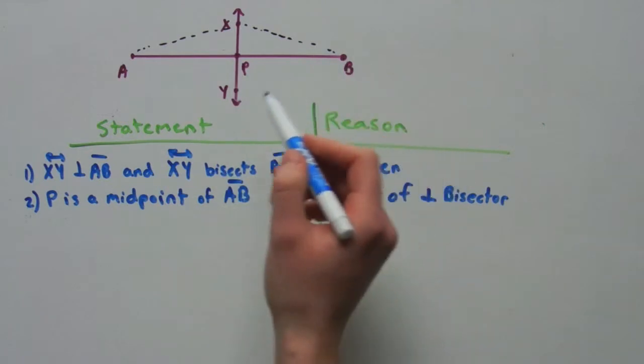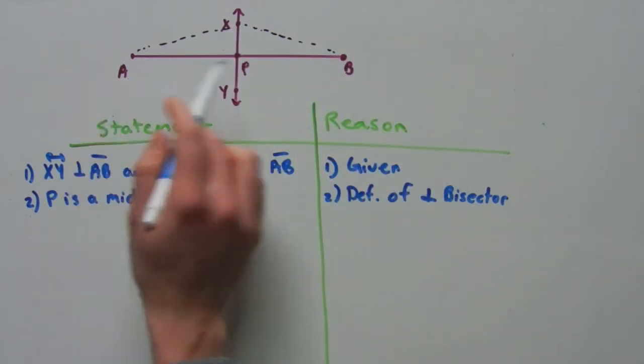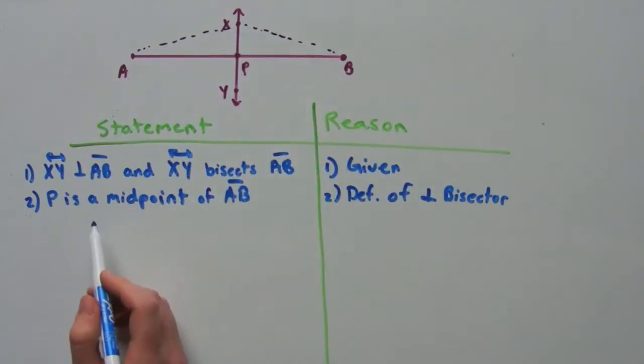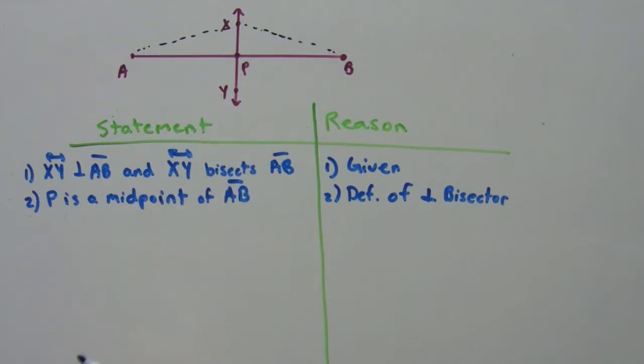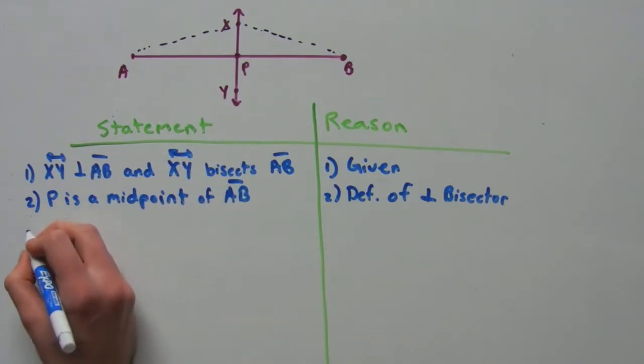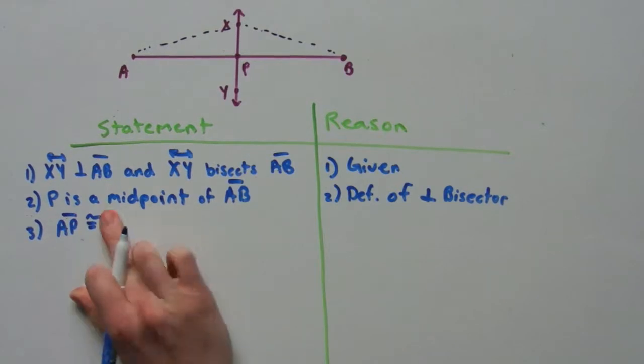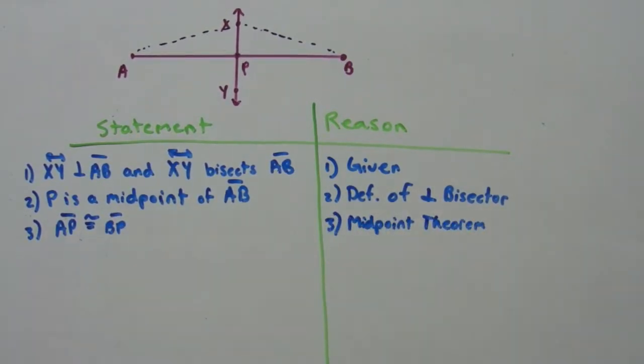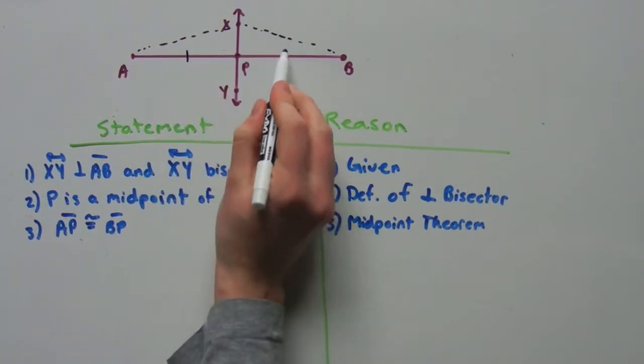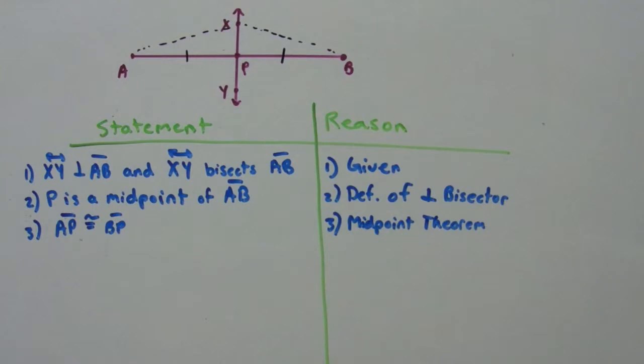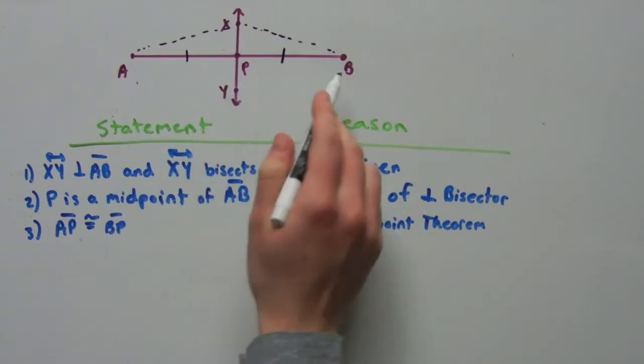Since P is the point where line XY intersects segment AB, since XY is the perpendicular bisector, then P is the midpoint of AB. And we know by the midpoint theorem that AP is congruent to BP, because P is the midpoint between those two endpoints. Therefore, AP is congruent to BP.